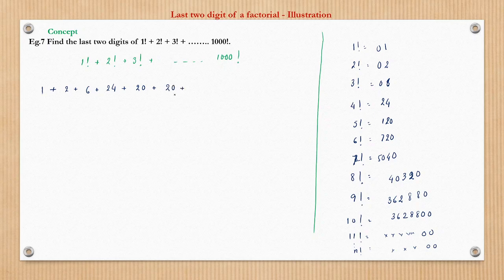Now 7 factorial is 7 into 20, which gives 140. We retain 40 and drop the 1.